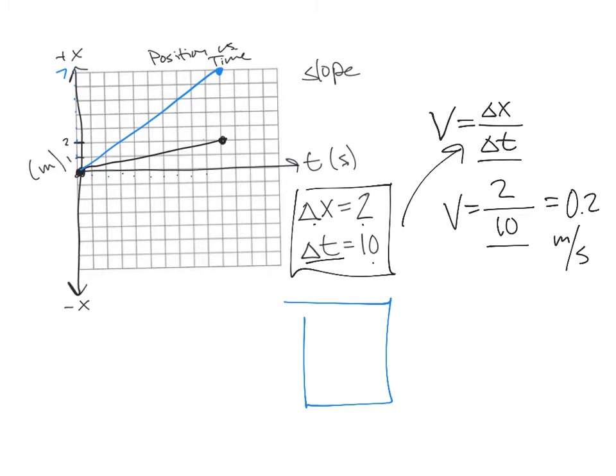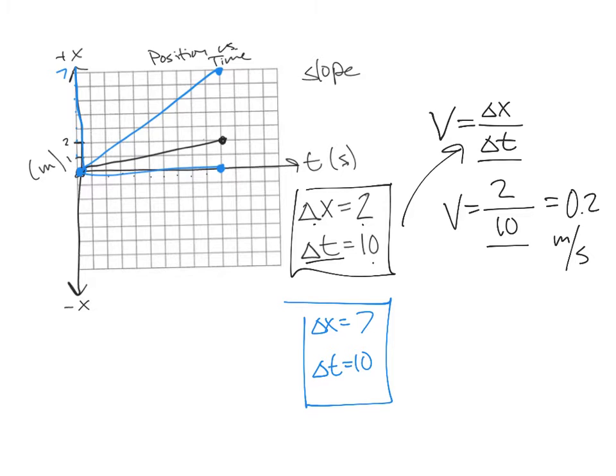In that case, my delta x is I went from 0 to 7, which is a total distance or displacement of 7, and I went from 0 to 10 seconds. So my delta t equals 10 seconds.